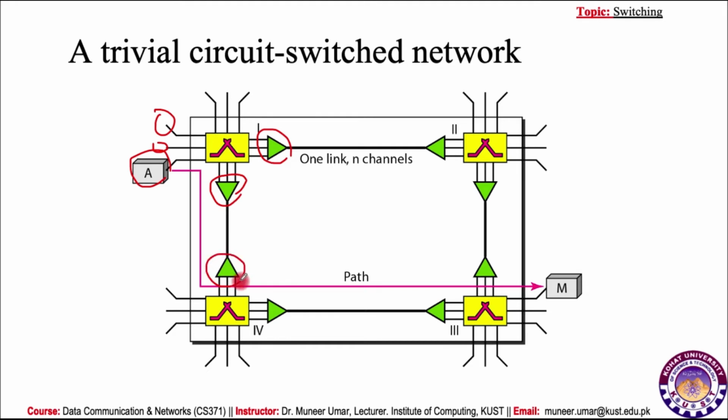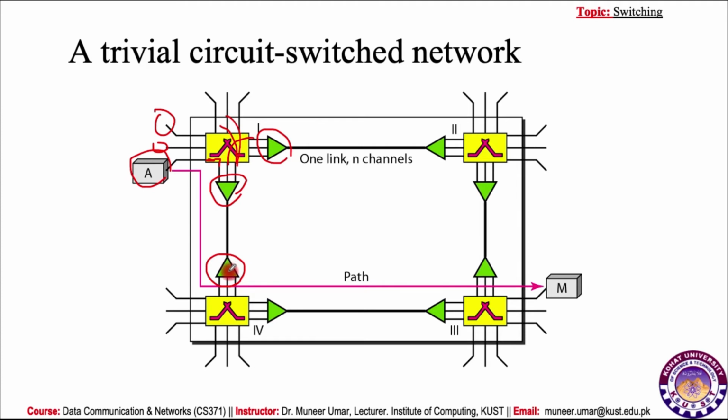Now, suppose A wants to communicate with node M. For this purpose, what will happen? This switch will take A, multiplex it with some data from other switches, and after that forward it to the next switch.